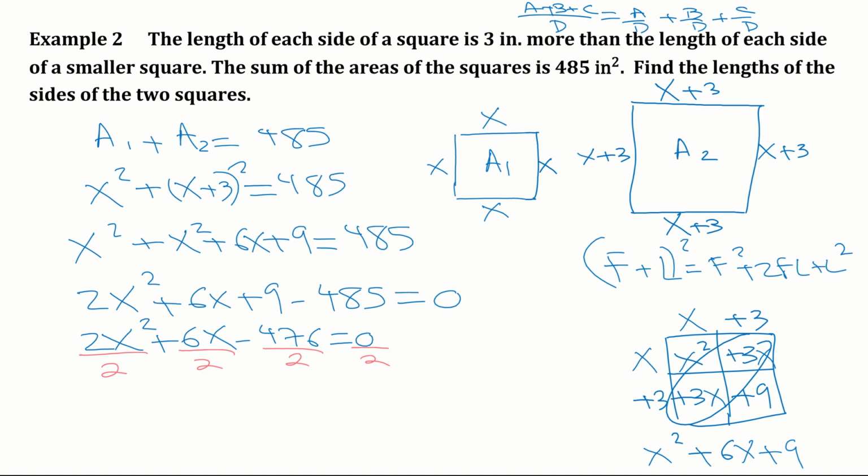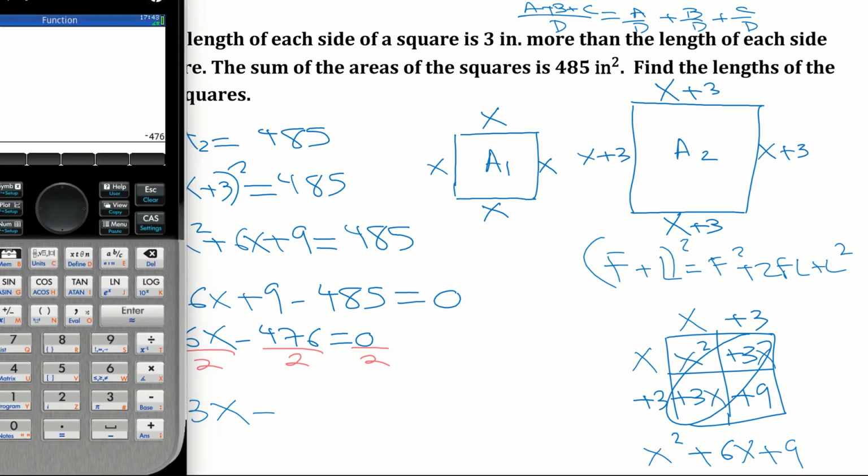So we get x squared plus 3x minus, now we're going to do 476 divided by 2, 238 equals 0.